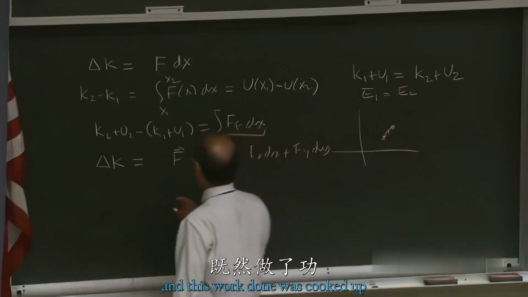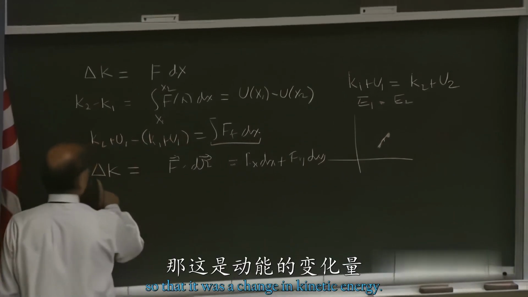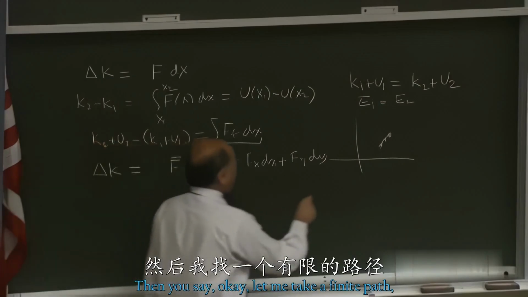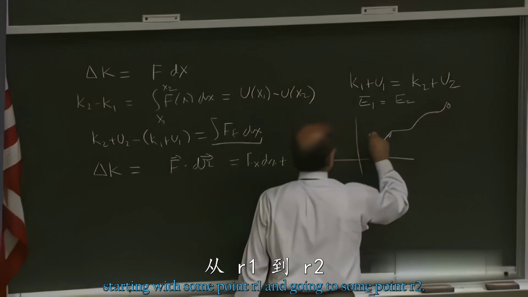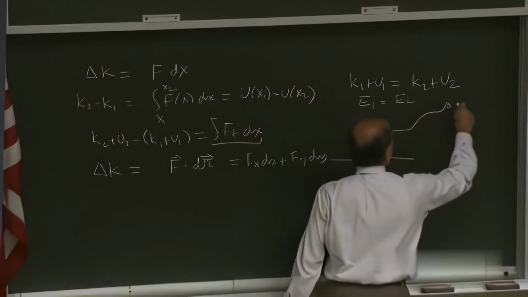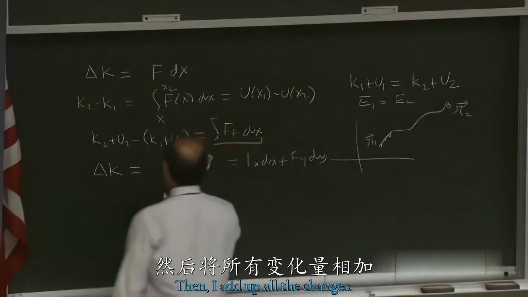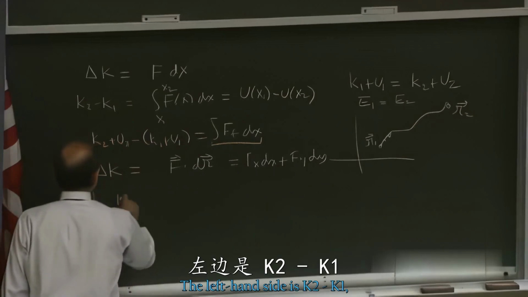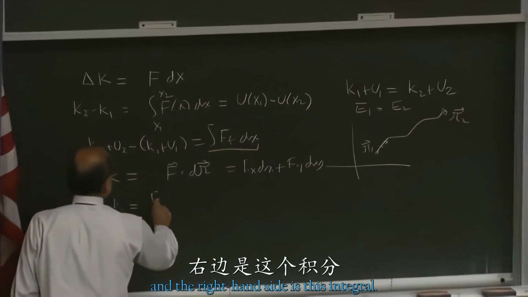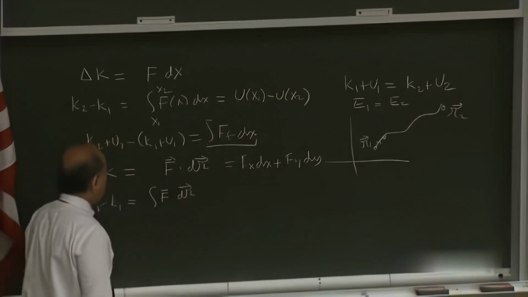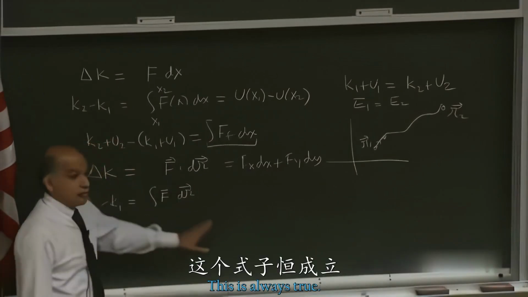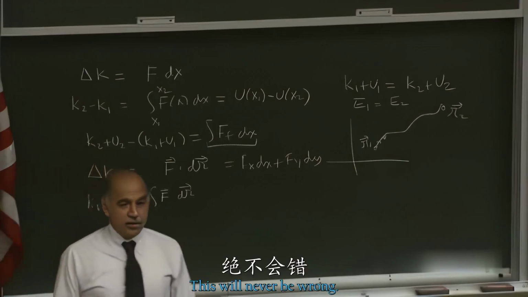That's the work done, and this work done was cooked up so that it was a change in kinetic energy. Then you say, okay, let me take a finite path starting with some point r1 and going to some point r2. Then I add up all the changes. The left-hand side is K2 minus K1, and the right-hand side is this integral. This is always true. This will never be wrong.